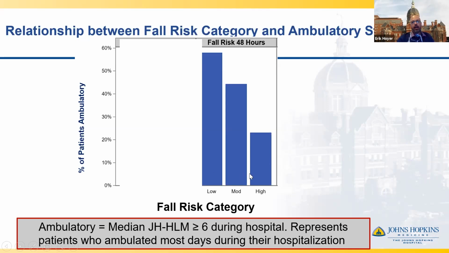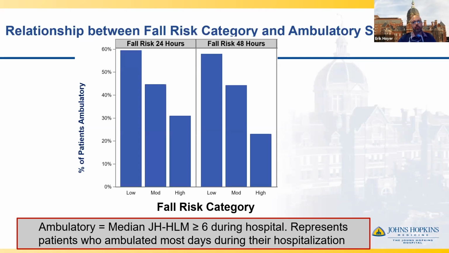Patients who are considered high fall risk within the first 48 hours were slightly over 20% ambulatory during their hospitalization, compared to patients categorized as low fall risk, who were nearly 60% ambulatory.